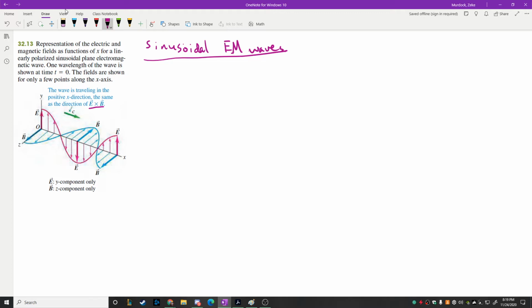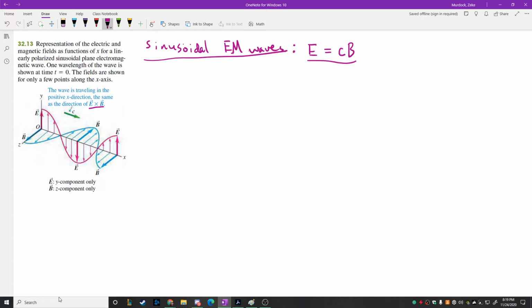And as we said before, the ratio of these fields is always going to be equal to the speed of light. All right. So they oscillate in phase as well, so that when the electric field is at a maximum, the magnetic field is as well. This is required so that they can satisfy this equation. At any point in time, the electric field needs to be equal to the magnetic field multiplied by the speed of light.